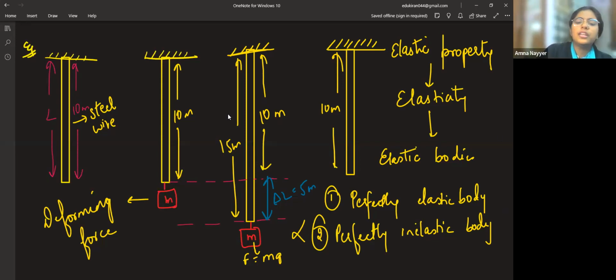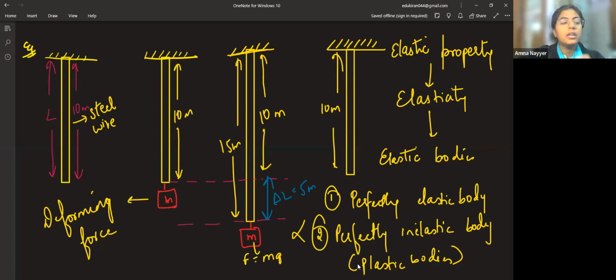It hasn't achieved its original value. So such bodies we call plastic bodies. Means they do not have the tendency to regain their original shape back.